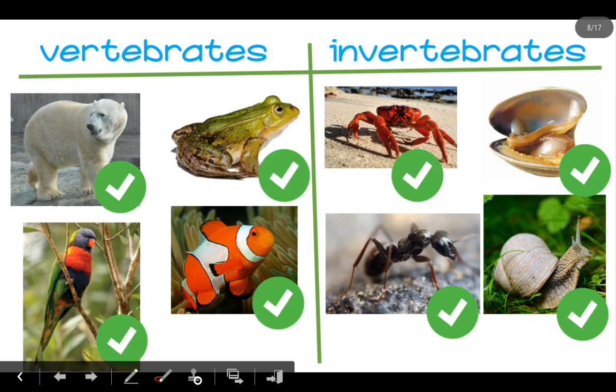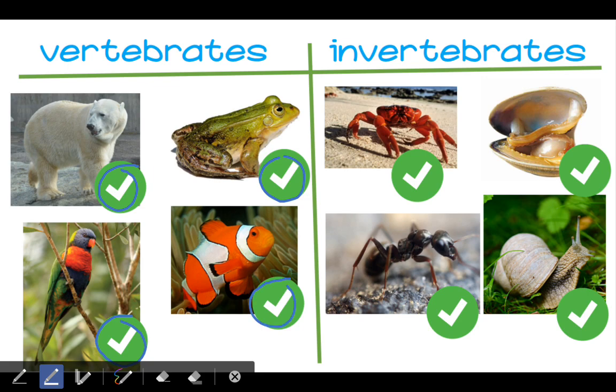Look, this is the solution. The polar bear, the frog, the parrot, and the clownfish are vertebrates. And the crab, the clam, the ant, and the snail are invertebrates. Right? Well done!